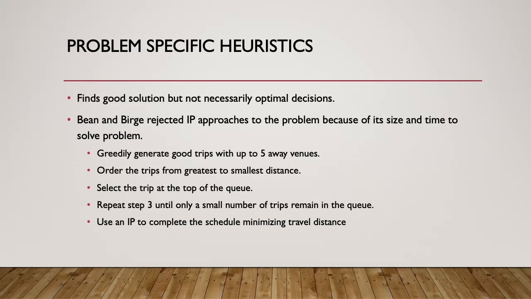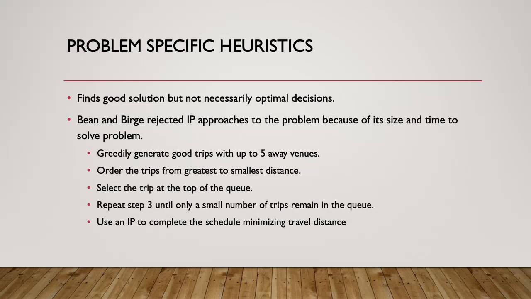So those two approaches are actually time consuming. So Bean and Bull proposed a heuristic approach. A heuristic approach could find a good solution but not necessarily an optimal one. It could find a solution but not optimally, but you could get a quick solution for the problem. So let's see how they proposed the approach.